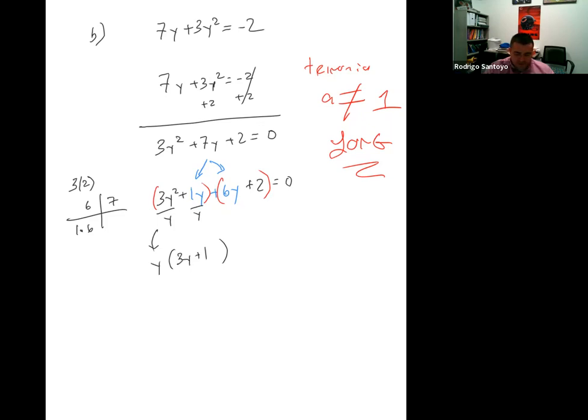What's the GCF for the next two? GCF here, y'all? 2. Very good. 2 comes out, leaving us with 3y plus 1. And now it's nice because we got two common binomials. So now all we have to do is write 3y plus 1, and then on the other one, we put y plus 2 equals 0.